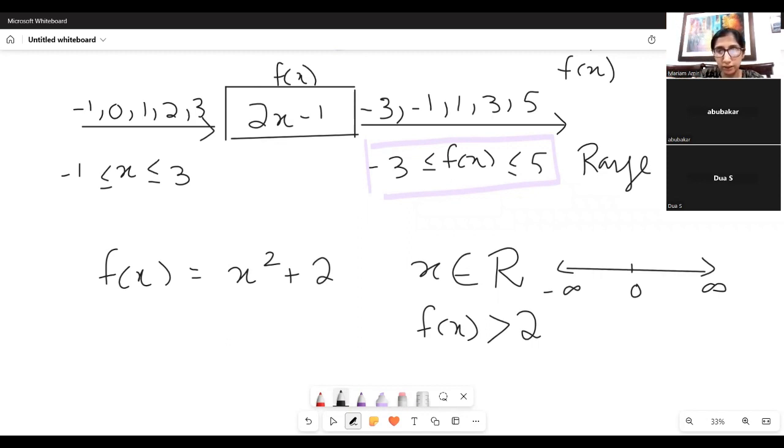I think it should be greater than or equal to 2. Equals to is necessary, otherwise they don't give you the marks if you mess up the inequality. Okay, because when x is 0, y is 2. So yes, greater than or equal to 2. Okay.